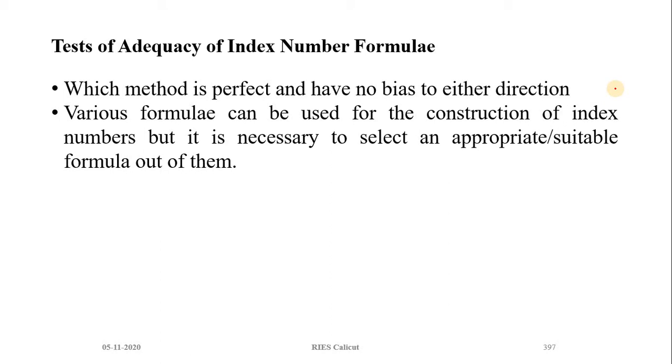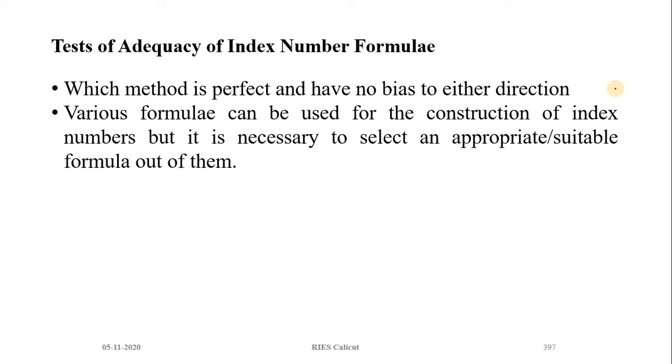Even though there are a large number of methods, the most commonly used are weighted index numbers, especially the Laspeyres and Paasche index numbers. If you look at many composite indexes in India, especially WPI, Consumer Price Index, and the Index of Industrial Production, in all these we are using either the Laspeyres method or the Paasche method.